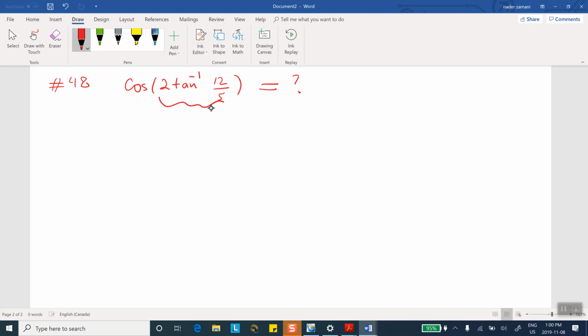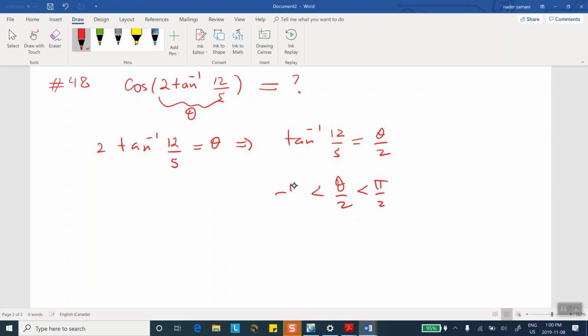So let me call this thing theta, just like we did before. So we have 2 tan inverse of 12 over 5 equal to theta. That means tan inverse of 12 over 5 equal to theta over 2. And notice that as soon as you write this, it means theta over 2 is between minus pi over 2 and pi over 2.